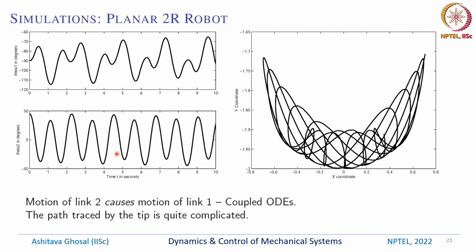So when you leave the second link, it will start oscillating, but then due to the motion of the second link, the first link will also start moving. And that is the nature of these coupled ODEs. And the path traced by the tip of the second link is, as I showed you, quite complicated. And we can solve the equations of motion and exactly show you what the tip motion is. So we started from somewhere here and it went down and it did all kinds of strange motions.